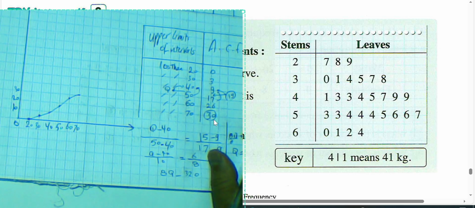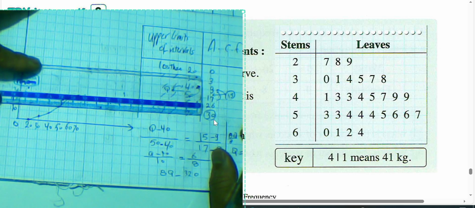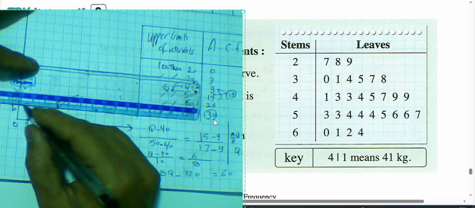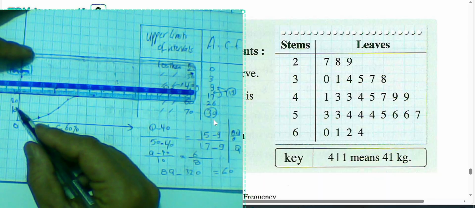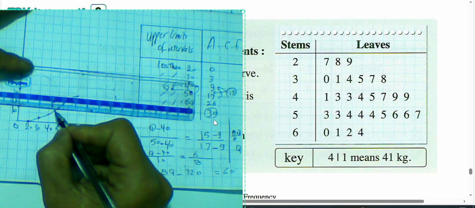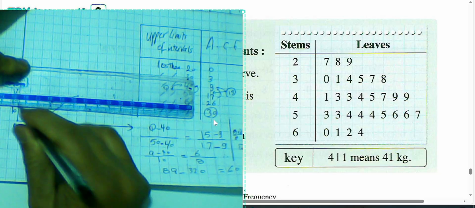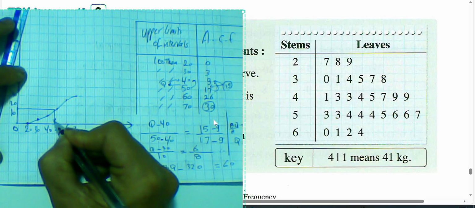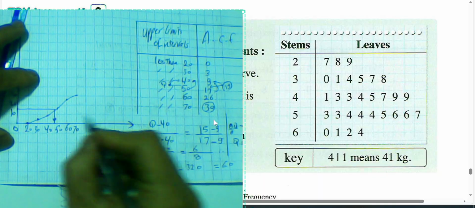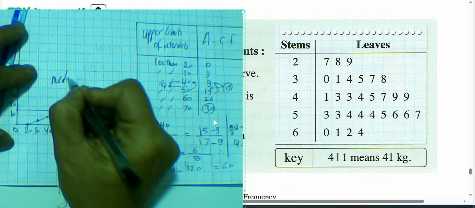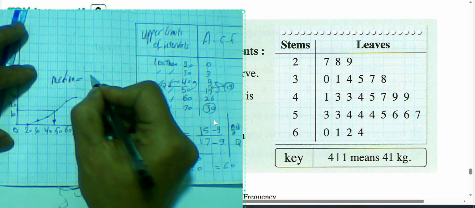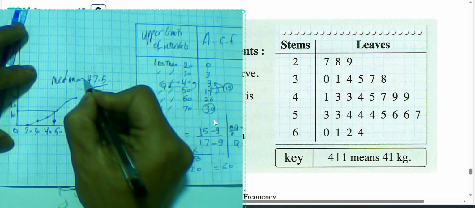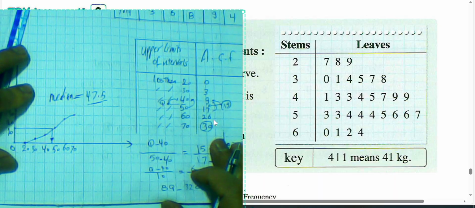Look at the curve: 15 lies on the vertical axis, draw a horizontal line to the curve, intersect the curve at this point, and then drop down to find the value. Then the median will be 47 and a half. This is exactly the answer. Okay, understood?